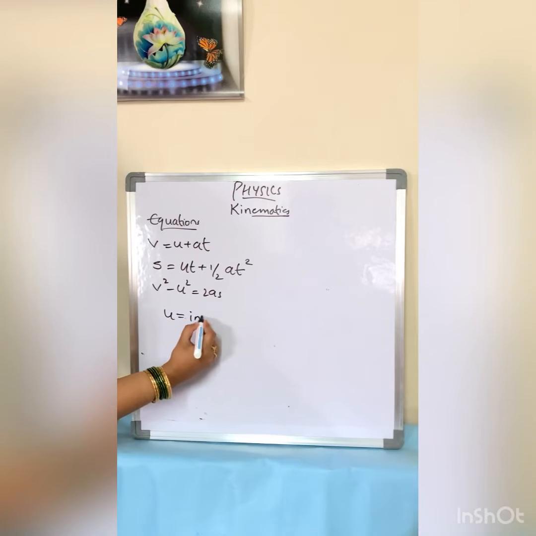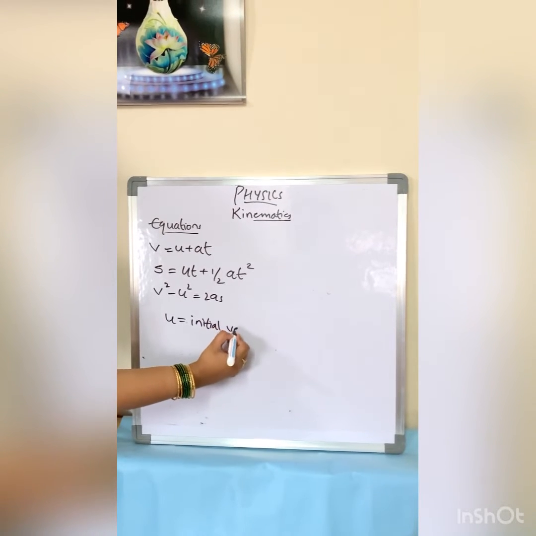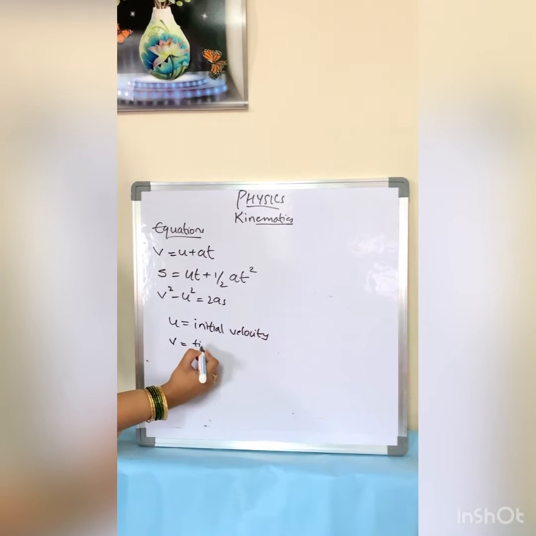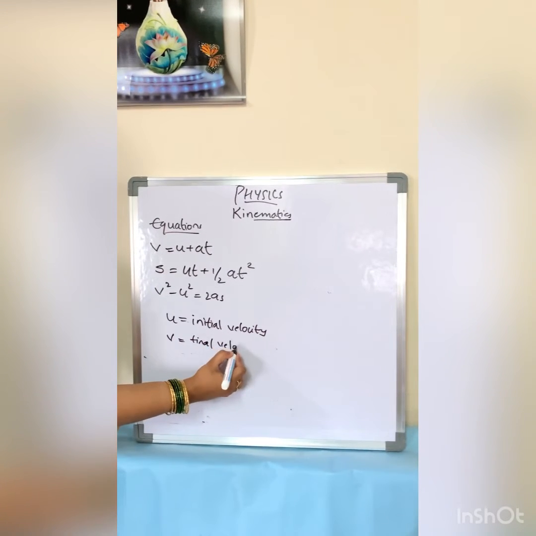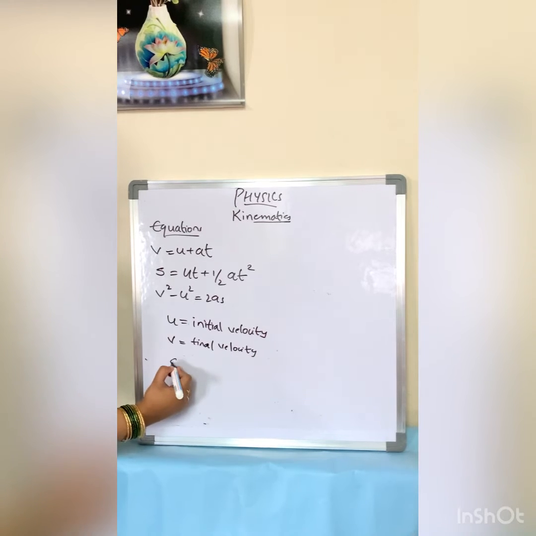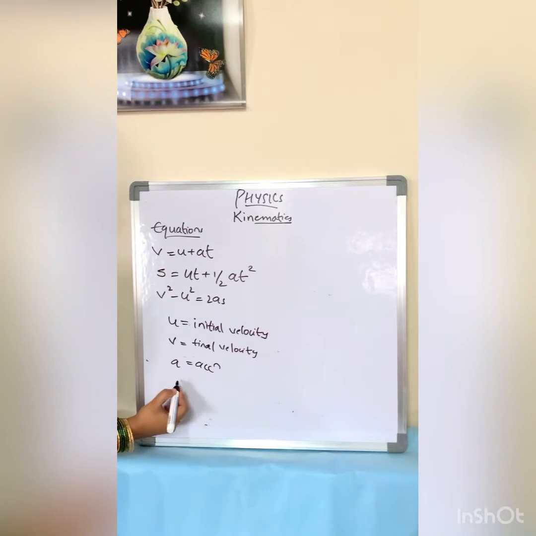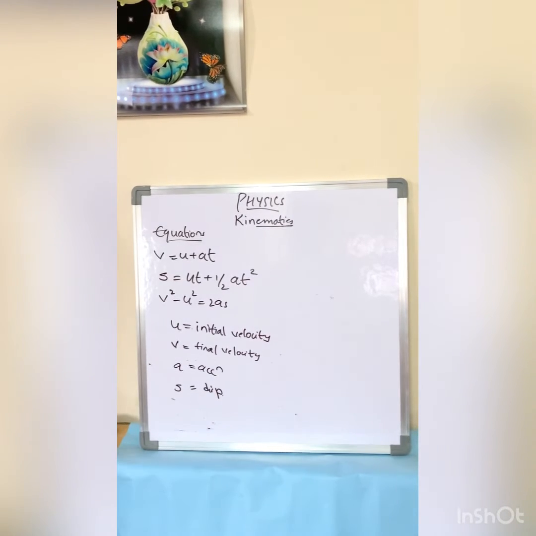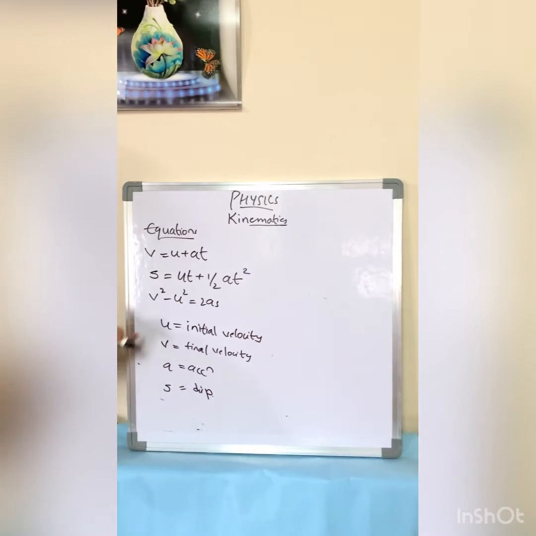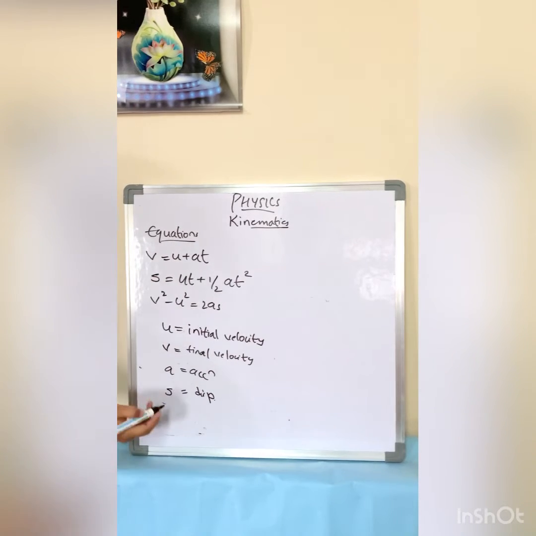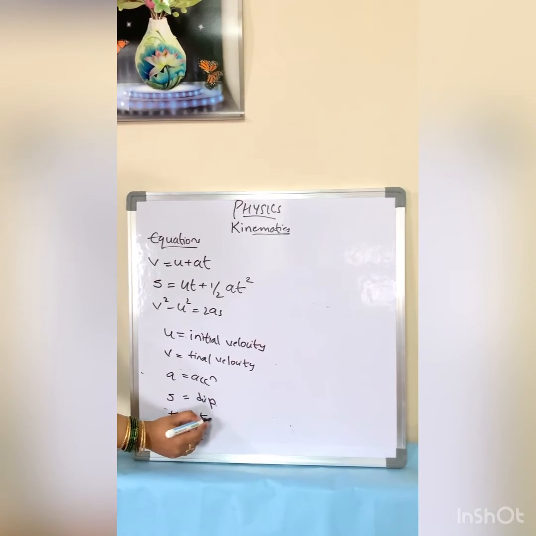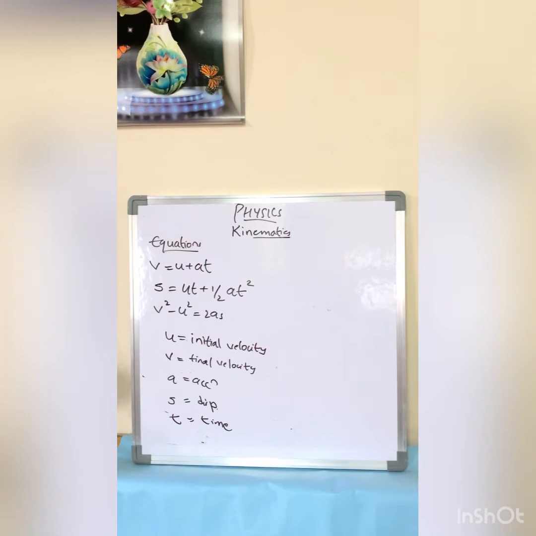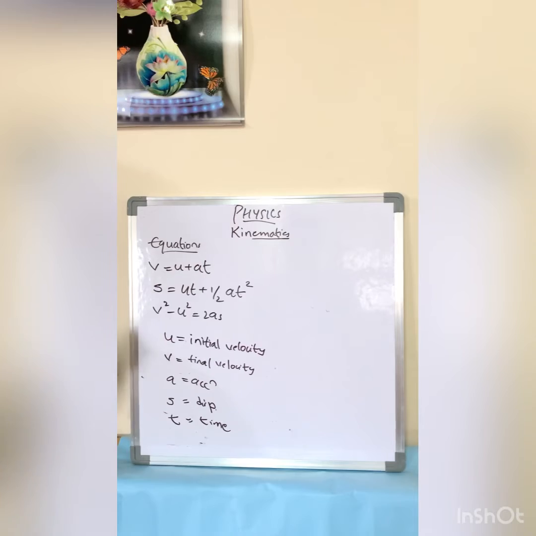U is the initial velocity, V is the final velocity, A means acceleration, S is the displacement. Okay? So to find out any of these terms, you can use these equations. T is the time taken or the time period. These are the equations. So we'll see how these equations came from and the derivations.